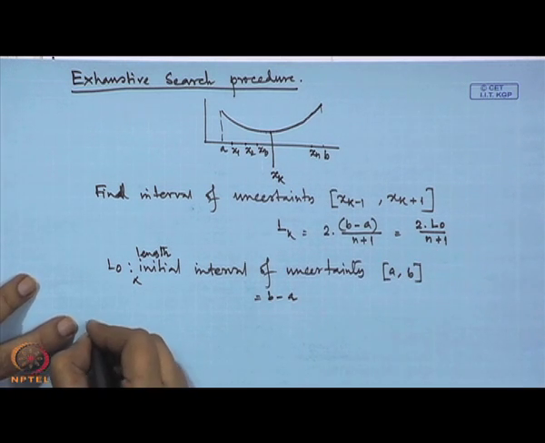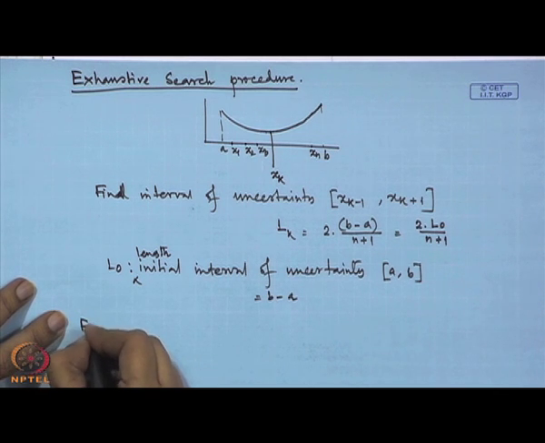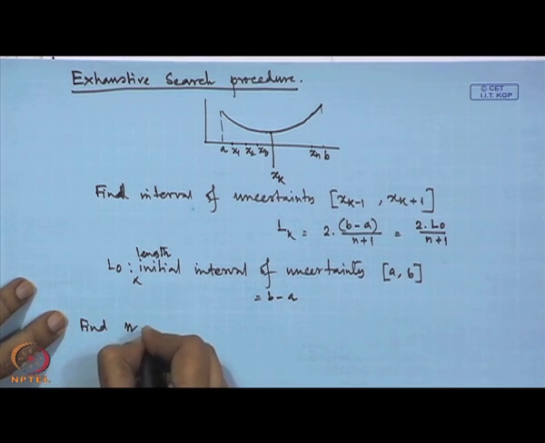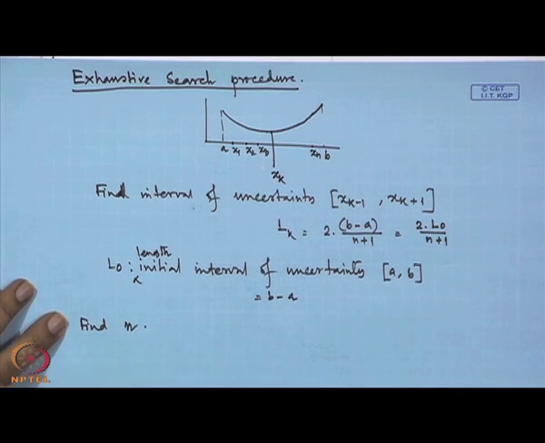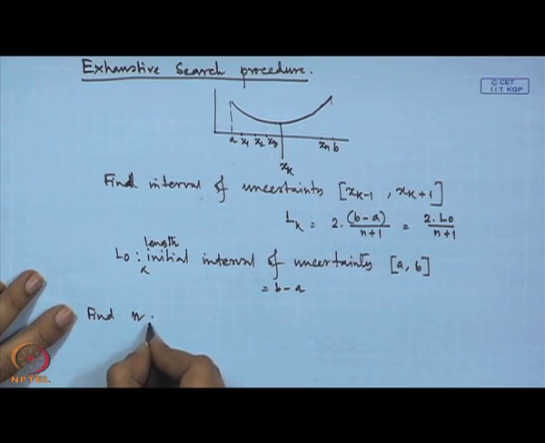That is why our next task is to find n, which is more important. The value of n totally depends on what accuracy I want regarding the optimal solution. Shall I allow a 10% error, or shall I allow a 5% error on the initial interval of uncertainty? Depending on that, we will select the corresponding n.